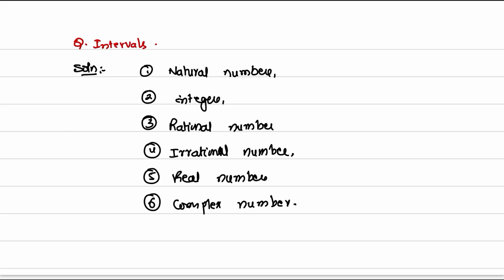The set of complex numbers is the largest. It has the largest set. That means largest number of numbers are available in the complex number. It's a plane. These are all on line we can show.